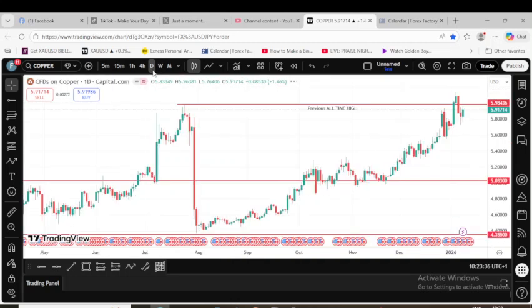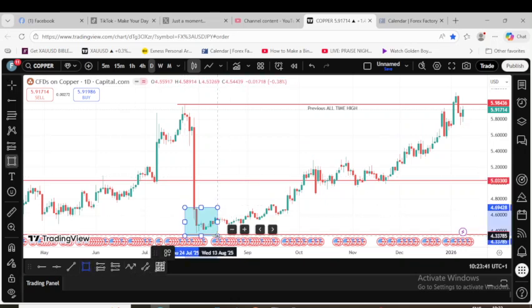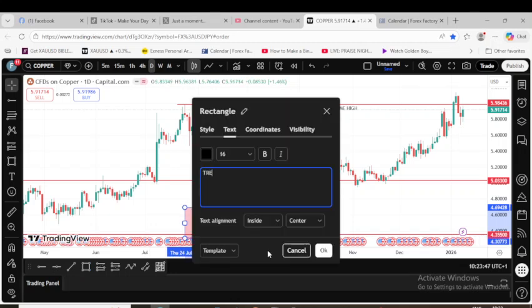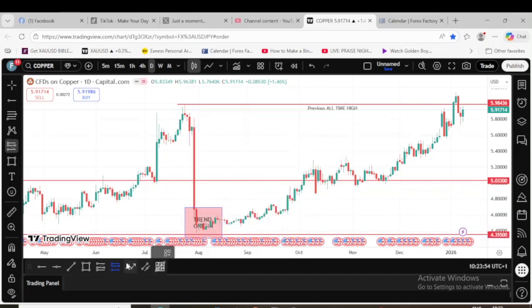Let's go down to the daily time frame. This is our trend origin. Market structure looks like this: impulsive, correction, impulsive, correction, impulsive, correction.